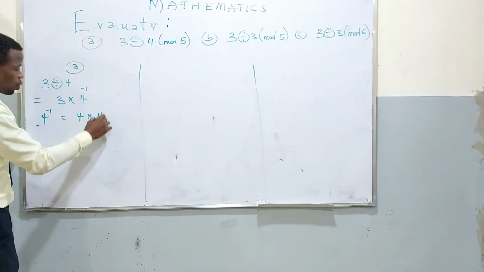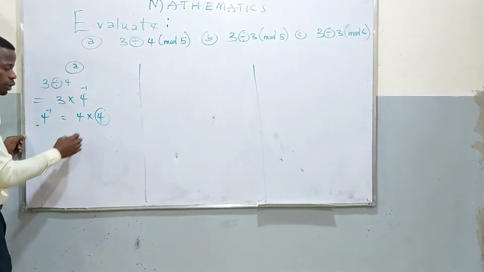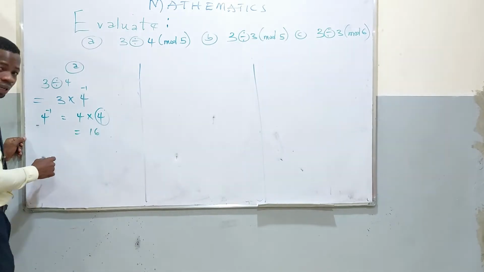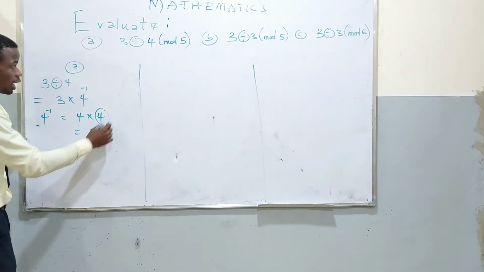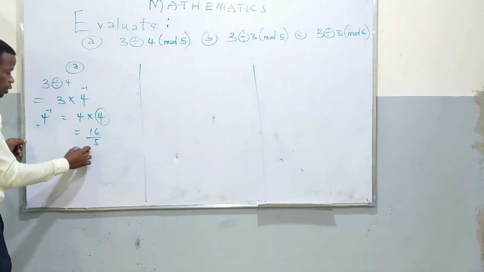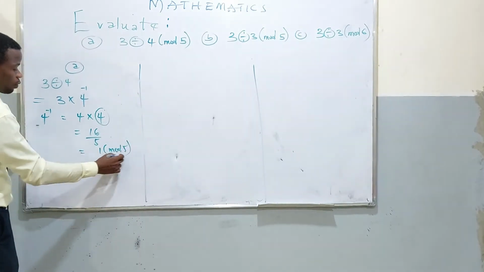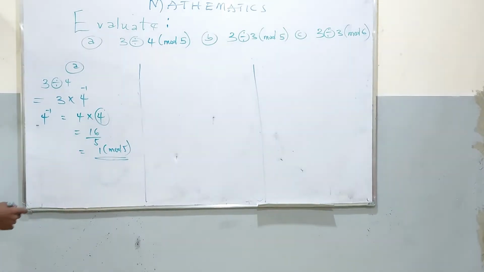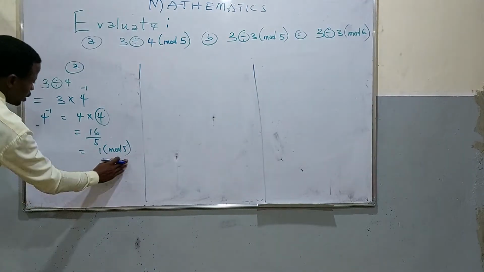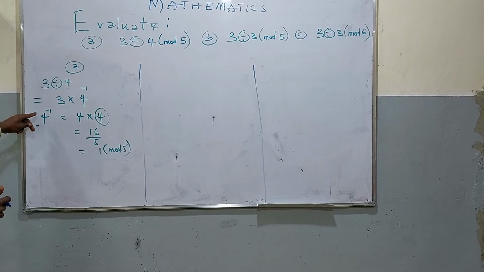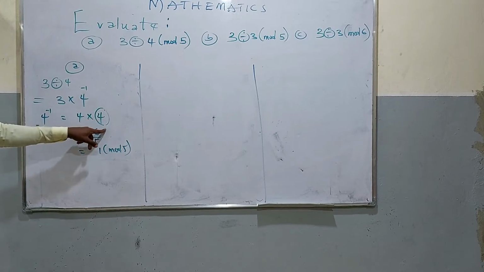That will give us 16, and 16 divided by 5 in mod 5 gives us 1. That implies that the inverse of 4 is this 4.